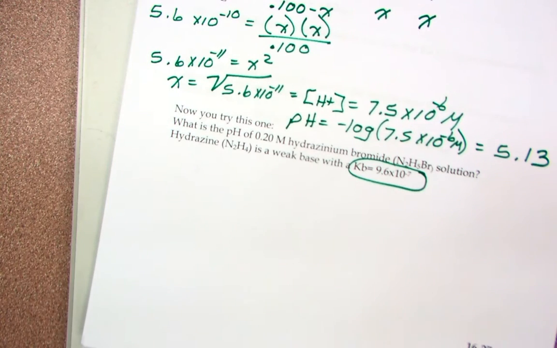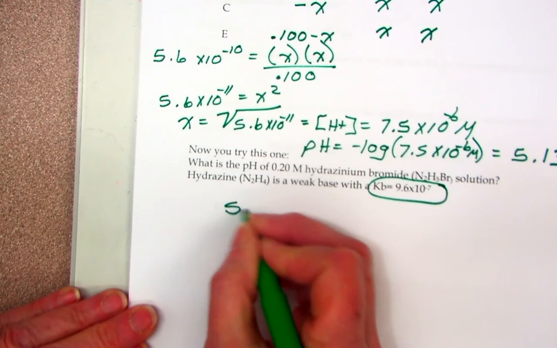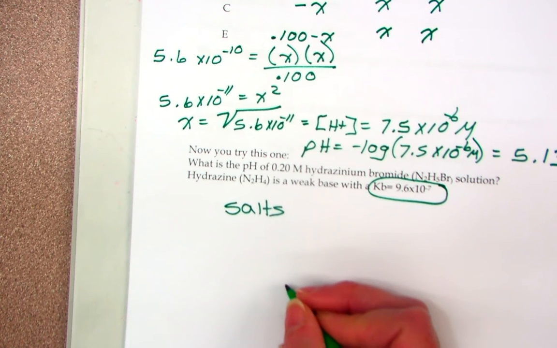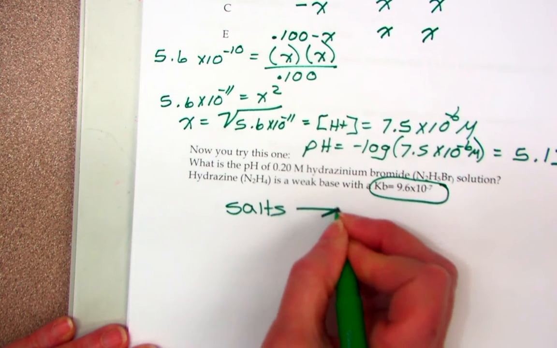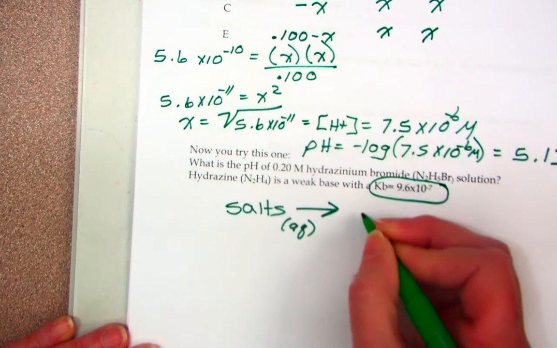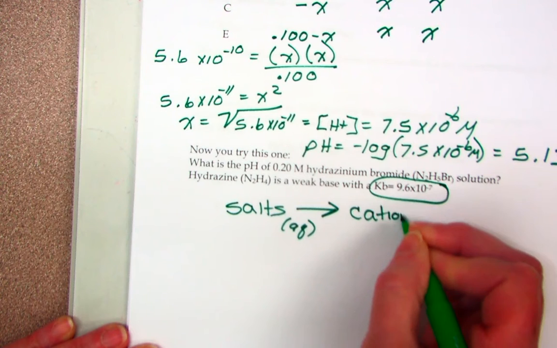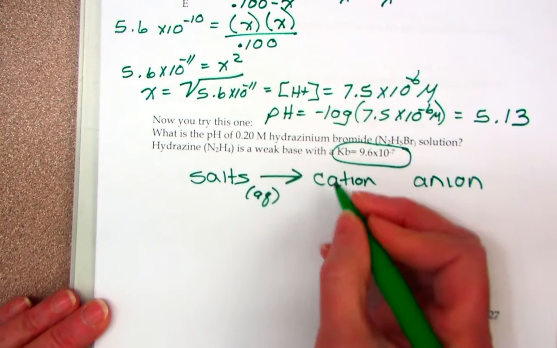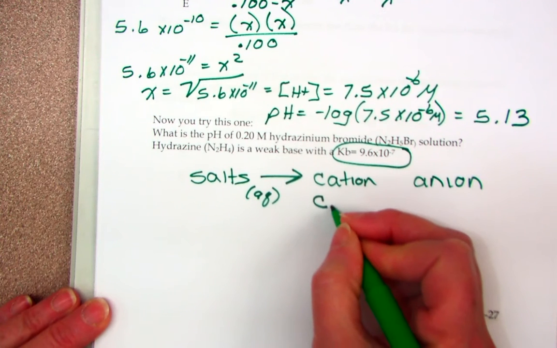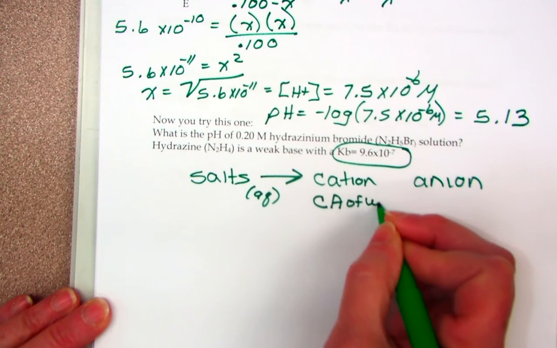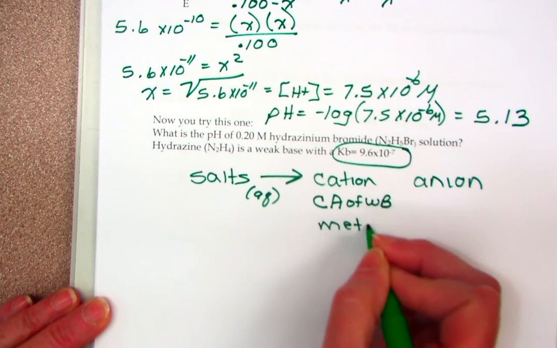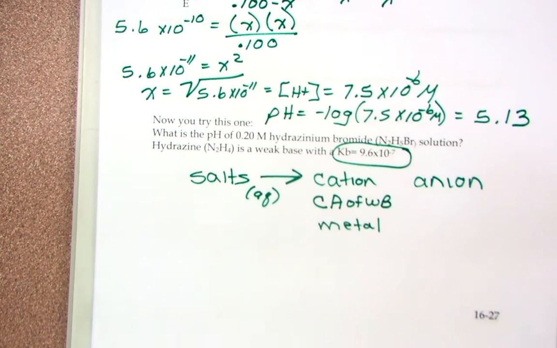Okay, explain the salt thing. Most salts, actually, all of the salts we're going to deal with in Chapter 16 in this section are soluble. Okay? So, when we put them in water and make them aqueous, they make a cation and an anion. This cation can be the conjugate acid of a weak base, or it can be a metal. Those are the two kinds of cations we'll deal with in this chapter.